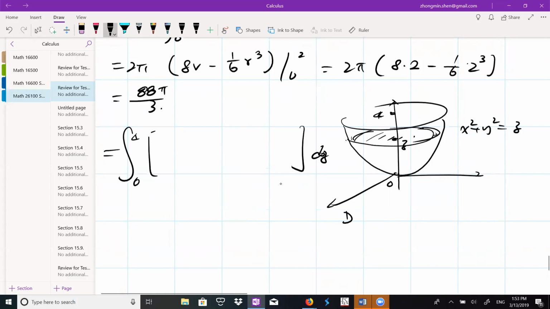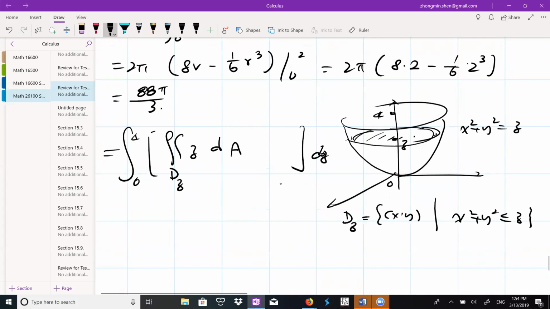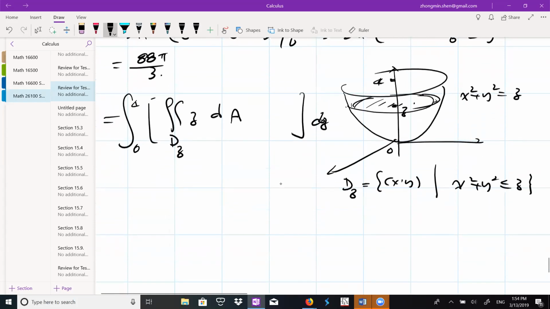So the domain depends on z, and x squared plus y squared less than or equal to z, in the xy plane. So this is going to be a double integral. And the z here, dA. Okay. But z is independent of x and y, so I can take the z out.